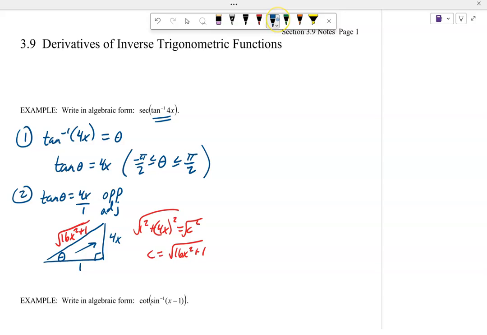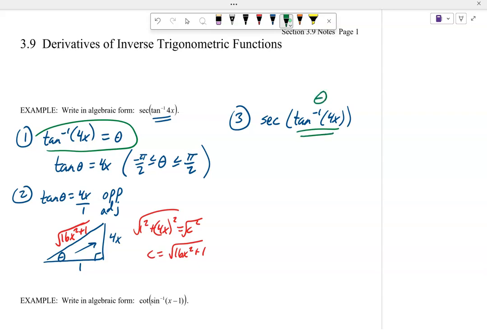Now, third step, what we're going to do is say, well, we've got the secant of the arc tangent of 4x. Now, remember, we called the arctangent of 4x theta.